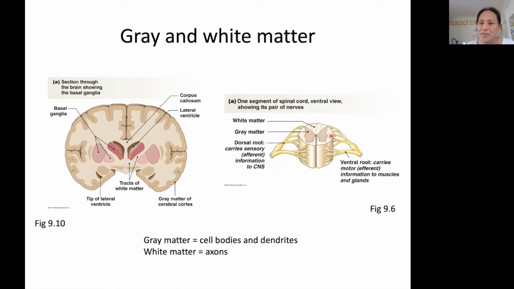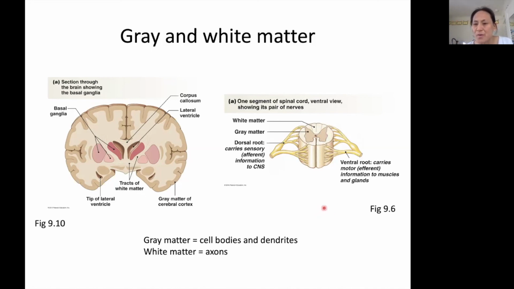Okay, and you can see that these neurons that are originating in the gray matter are sending their axons out through these ventral and dorsal root ganglia. So this white matter that you see outside of the spinal cord is actually axons from cells that are elsewhere in the spinal cord.